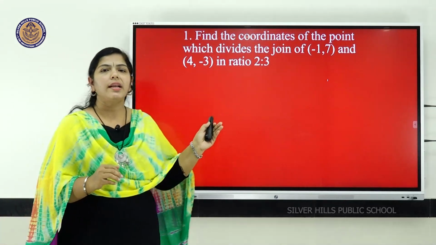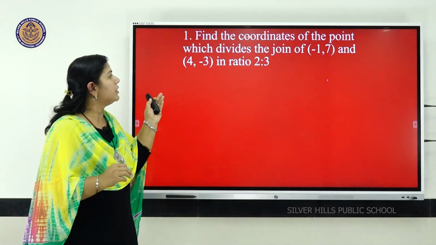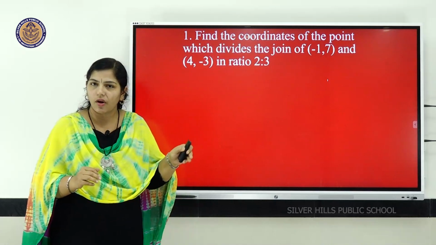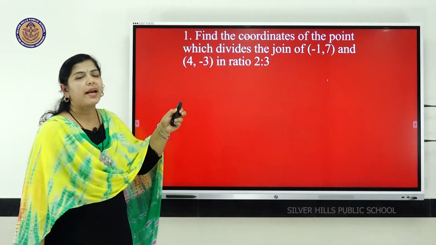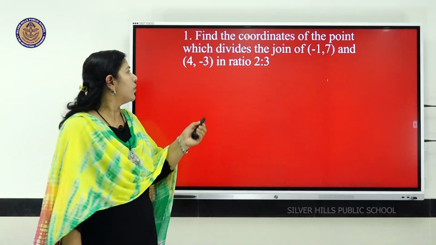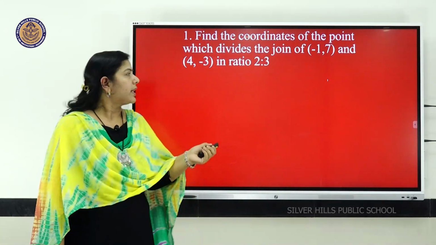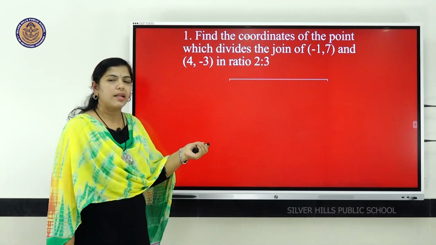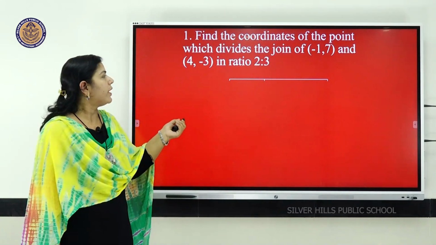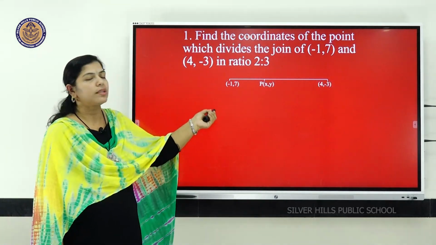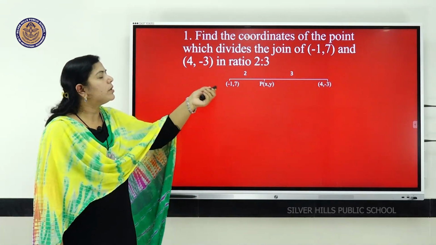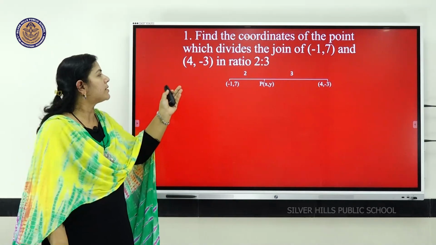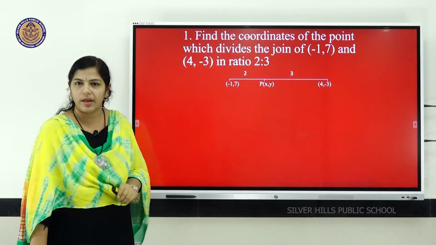Find the coordinates of the point which divides the join of (-1, 7) and (4, 3) in the ratio 2 is to 3. That is, you are given the line segment with 2 endpoints. We will consider those points (-1, 7) and (4, 3), and the dividing ratio is given as 2 is to 3.